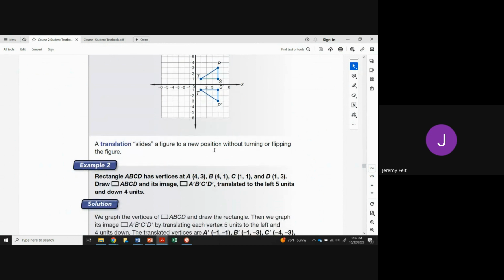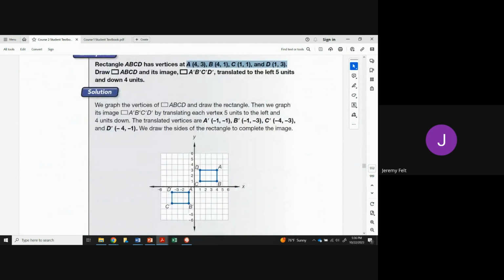If we have a slide, we can slide left or right or up or down. So here's our original position, A, B, C, D. We just plot our 4 points, over 4, up 3, over 4, up 1, over 1, up 1, over 1, up 3. And then just connect the dots. There's our rectangle. There's our original image.